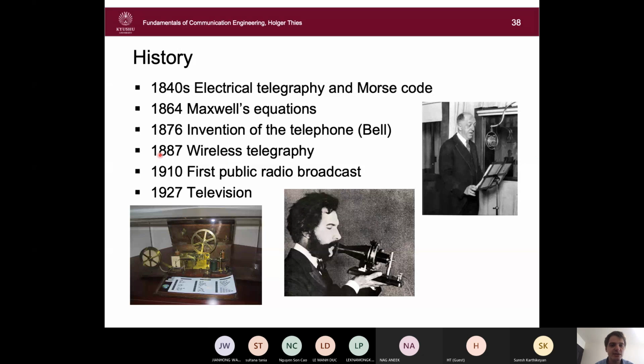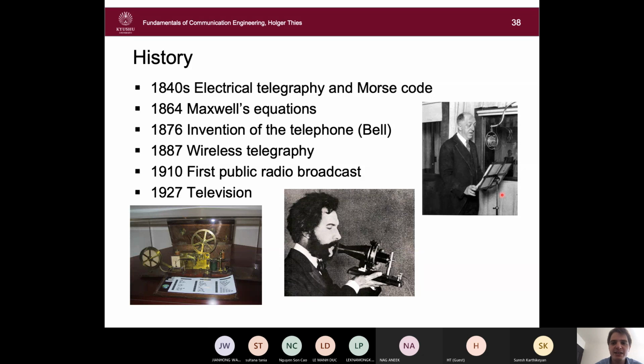And a few years later, in 1887, was the start of wireless communication, when the first wireless telegraph was built. And the use of radio waves for that was also used from the start.